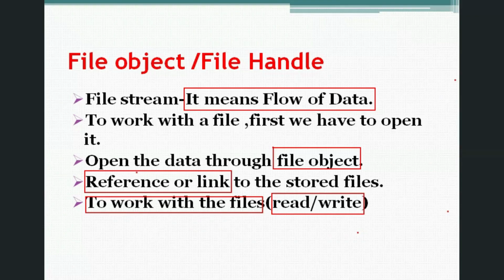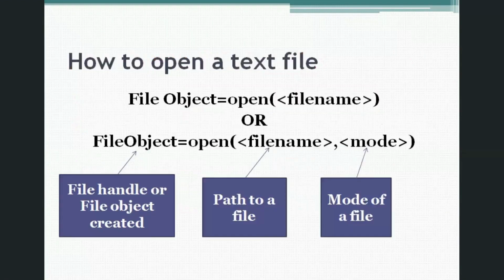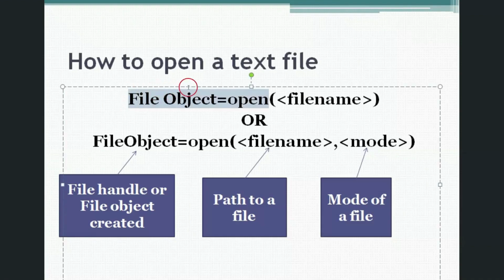Let us move on to the next slide. The first concept we are going to study under the text file is how to open a text file. Here is the syntax in a simple format. We have just studied what a file object is.